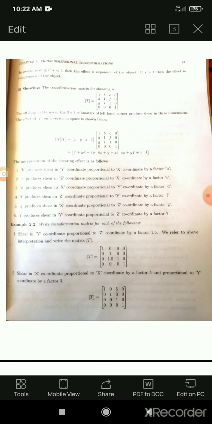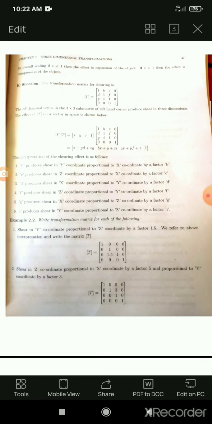So here we see in the entry b, in row 1, column 2, that b produces shear in y coordinate proportional to x coordinate by factor b. Similarly, c produces shear in z coordinate proportional to x coordinate by factor c.